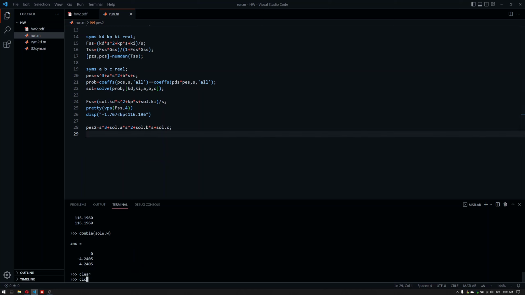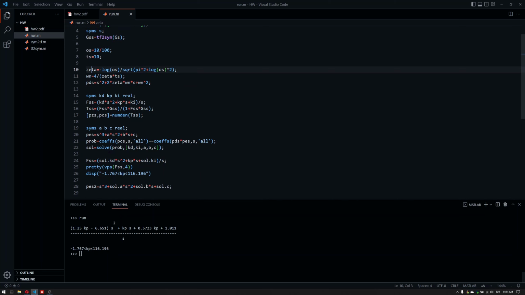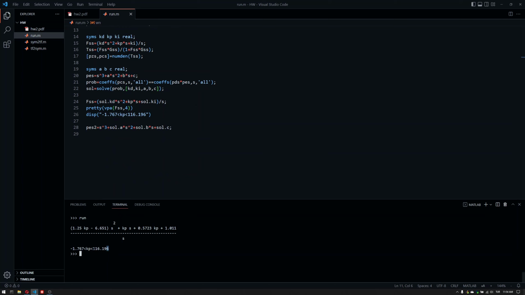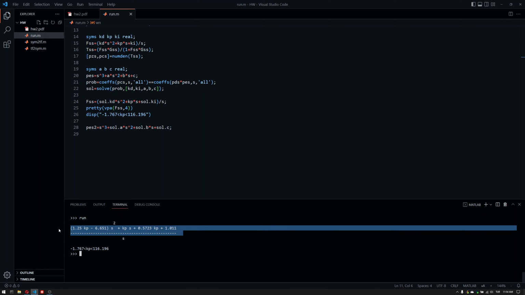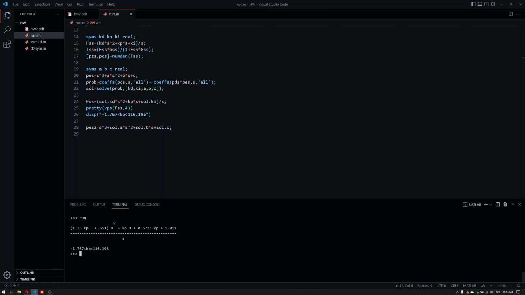So if we are talking about all stabilizing controllers that have a common complex conjugate root with these zeta and omega n values, then we should also provide this interval here. If we are not really interested in stability, then we can just give this expression here. But of course, without stability this doesn't really make sense, so it would be a good idea to provide the interval for kp here.